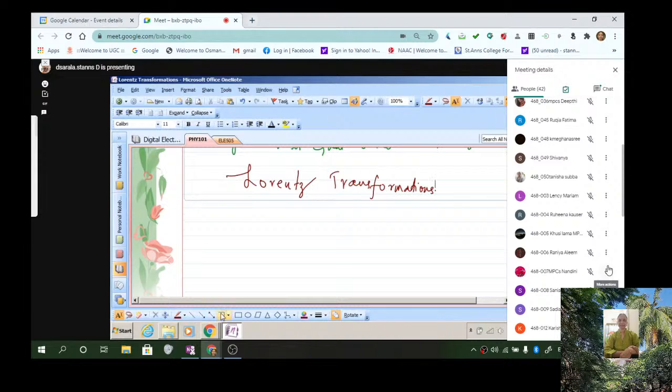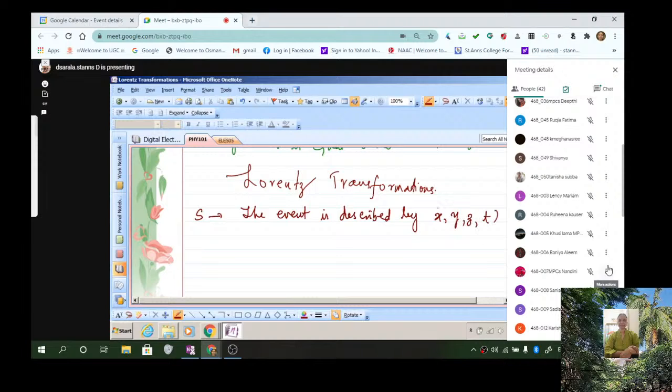In the S frame, the event is described by x, y, z and t. And in the S prime frame, the event is described by the prime coordinates x prime, y prime, z prime and t prime.